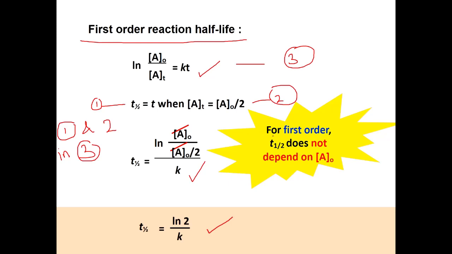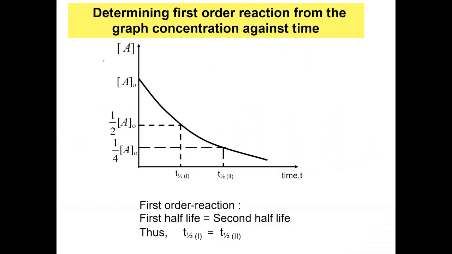So as a conclusion, for first order, T half does not depend on initial concentration A. You only get ln 2 over k. After you plot the concentration A versus time, this one is T half 1, you get half A naught.